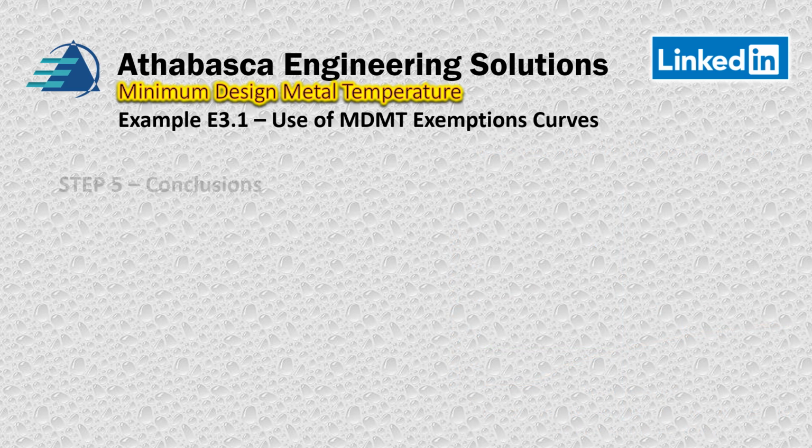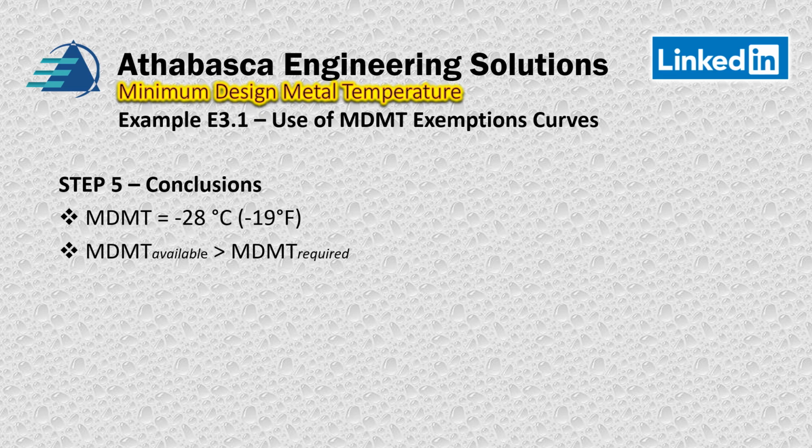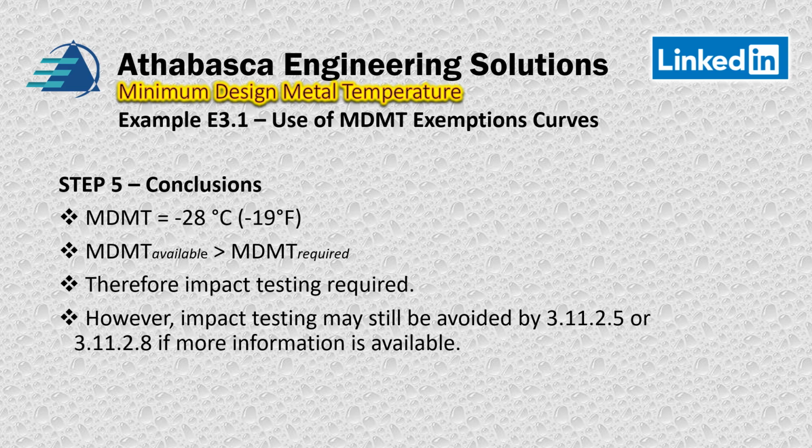Let's take a look at step 5, the conclusions. We concluded that our MDMT is minus 28 degrees centigrade or minus 19. But we have a problem. It's still greater than the MDMT required. So strictly by the rules, you'd have to go ahead and look at impact testing. But there are other ways around impact testing.